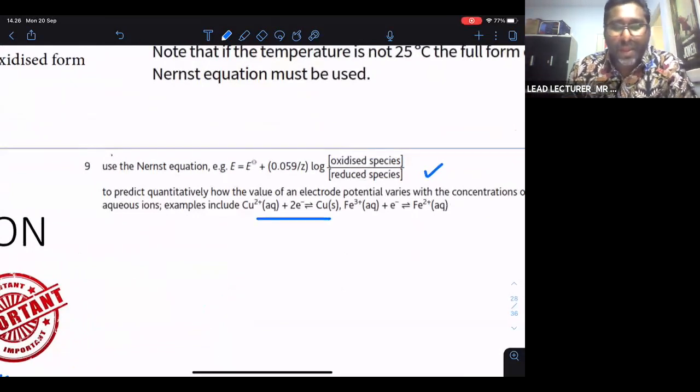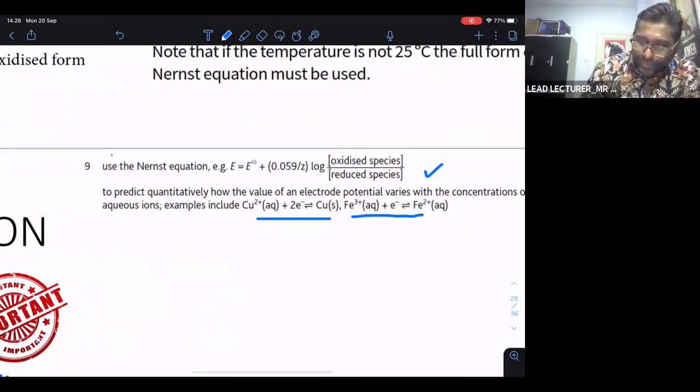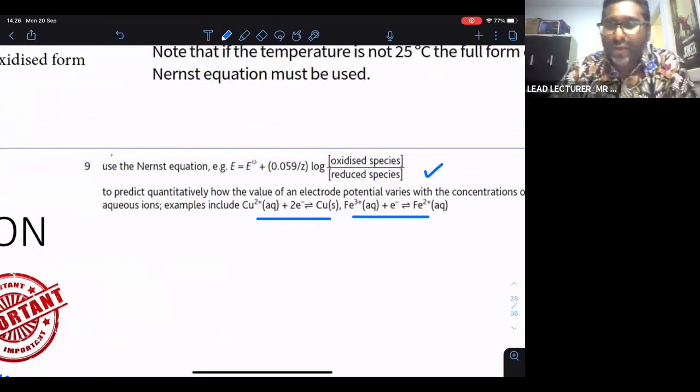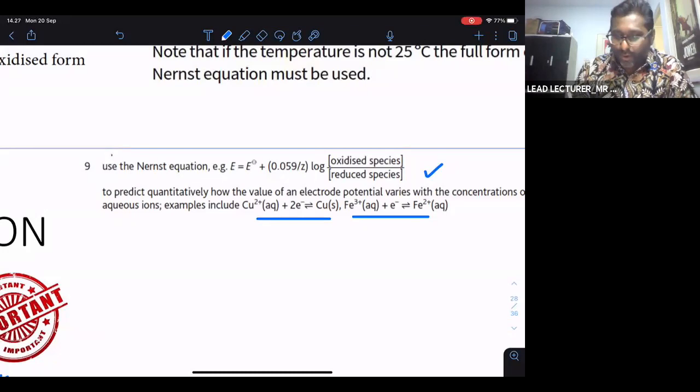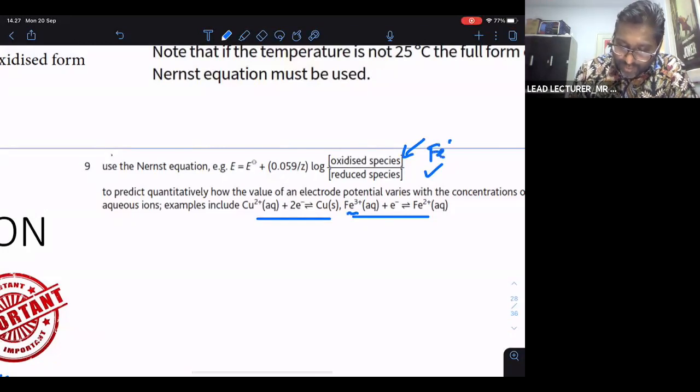But do remember in your syllabus there is another equation that they want you to know also, which is going to be involving ions, Fe2 plus and Fe3 plus. It means you need to know that the oxidized species is going to be on the left, Fe3 plus over here, and the reduced species is Fe2 plus at the bottom.